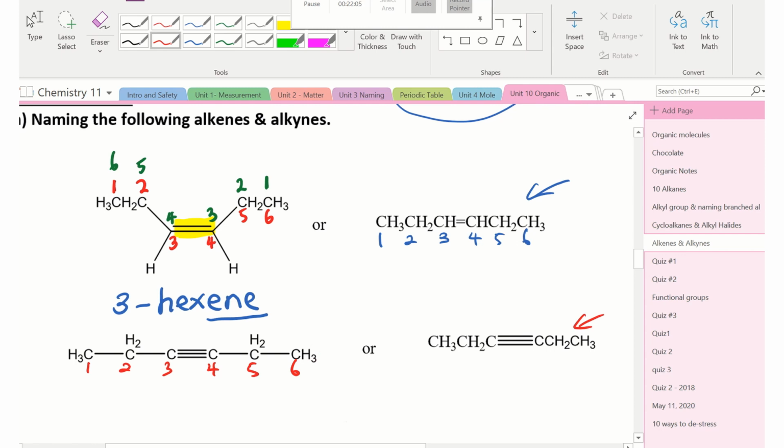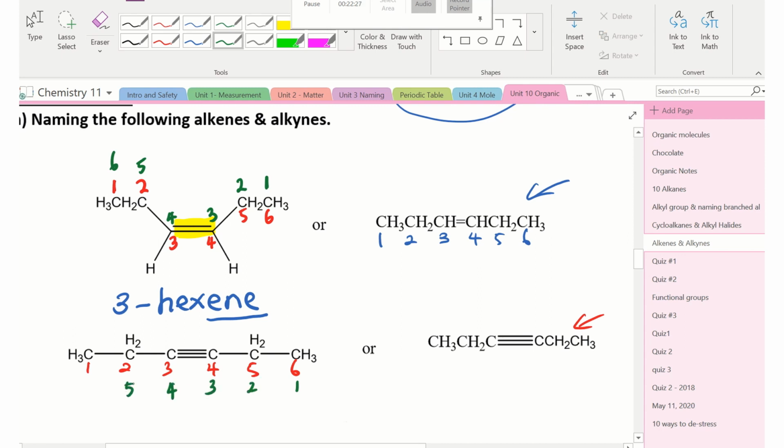If you write the full structure, you would put all the hydrogens individually sticking out like this. That is what I would consider a full structure, but this is more condensed, with the sticks in between.